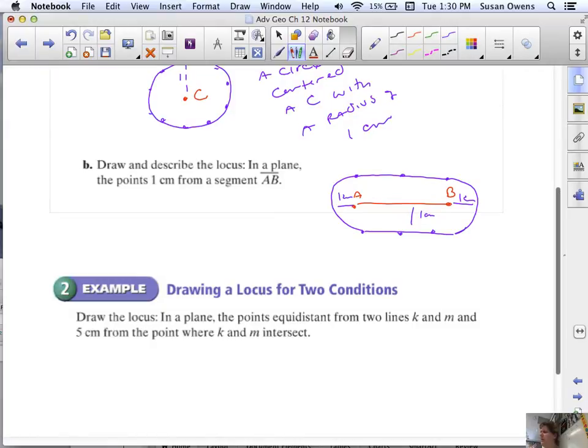So to describe this, if you wanted to call it a pill-like thing, that's fine. So it's a pill-like figure, but don't stop there.